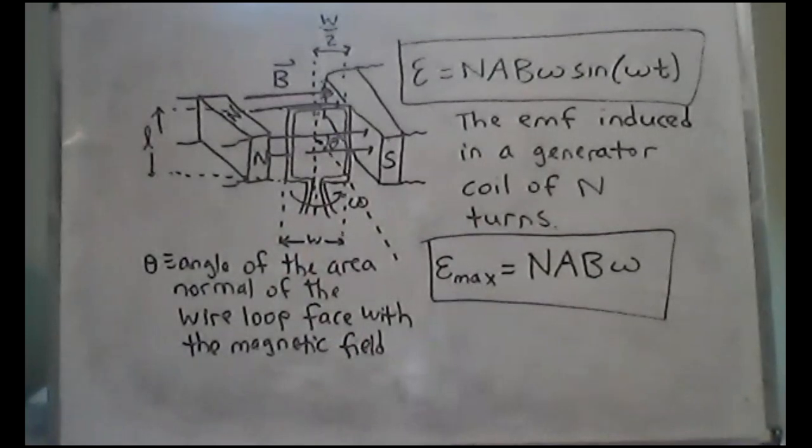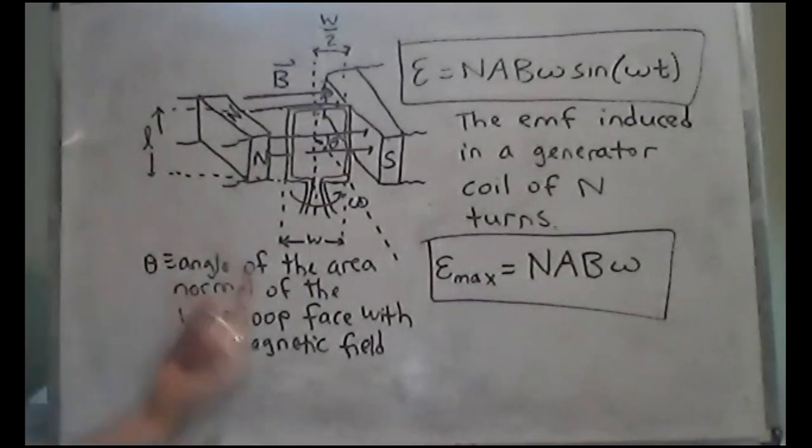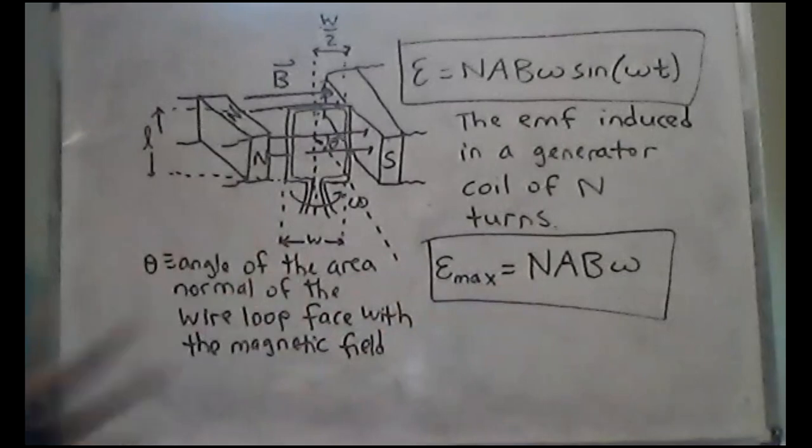The greater the magnetic field, the greater the induced EMF. That totally makes sense too, because the magnetic field comes directly into this equation from the Lorentz force law. It goes straight from BLV. The greater the B, the greater the EMF, the greater the L, the greater the EMF, and the greater the V, which depends on W over 2, which depends on W, and hence depends on the area. All of that makes sense.